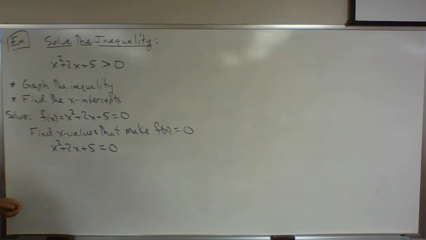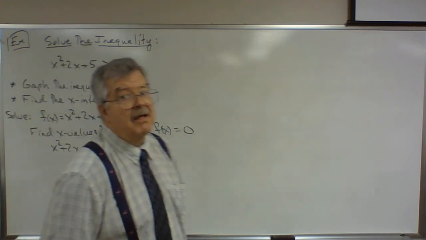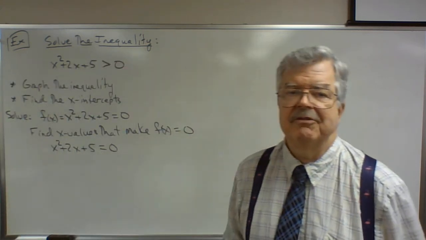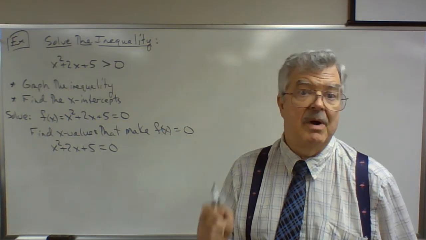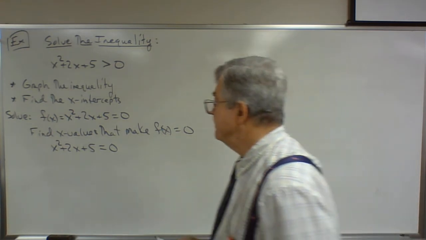And let's see. The only factors we have are 5 and 1. And x plus 5 times x plus 1 does not give us 2x in the middle. I think this is one of those things where we have to use the quadratic formula.